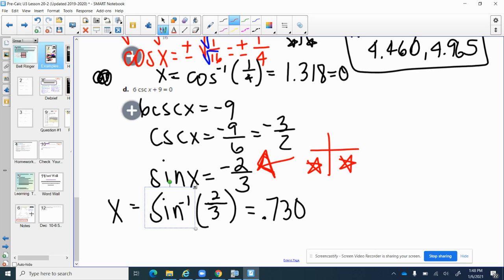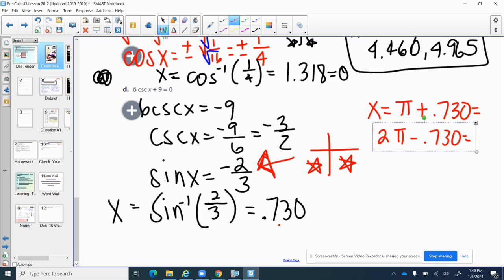So we're not really looking for here this value. This is not going to be included in our answers. Instead, what we need to do is take pi plus the 0.730 to get quadrant 3, and 2 pi minus the 0.73 to get our other answer, right?